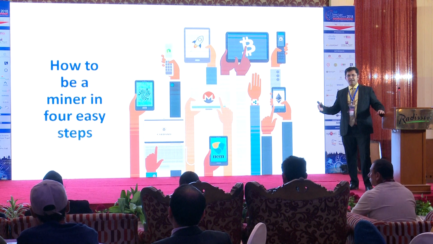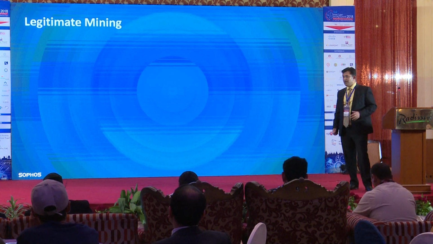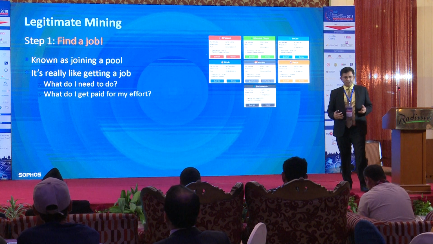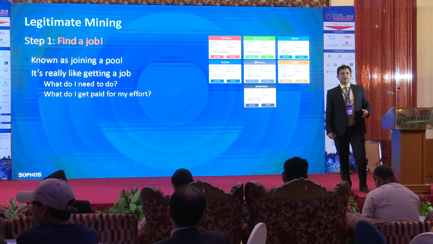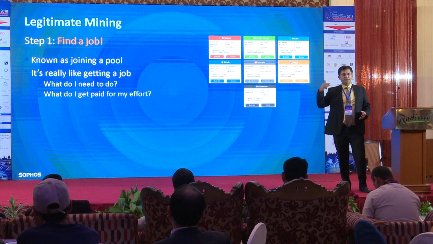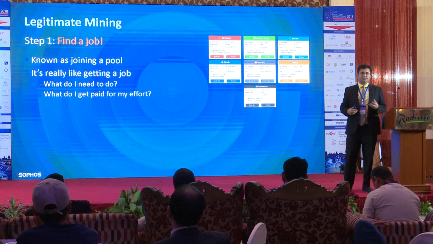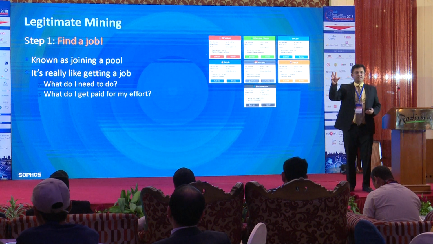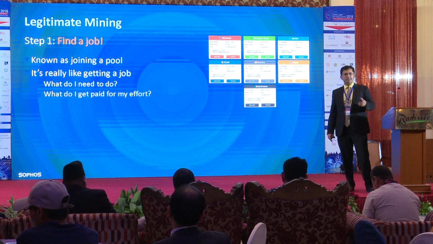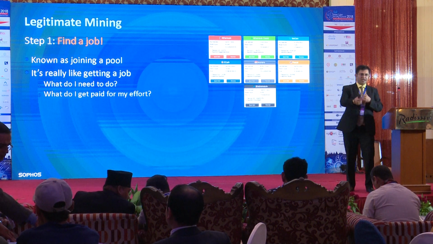And this is how these miners do it, in a very easy way, in 4 stages. First, of course, I as a user who has to be involved in cryptocurrency mining, I need to find a job, because these guys are looking for CPU resources, GPU resources, and then when they find a pool of computers, either they illegitimately execute a code in their browser, or they have a tie-up with them.